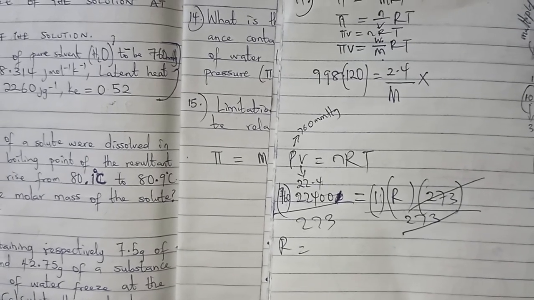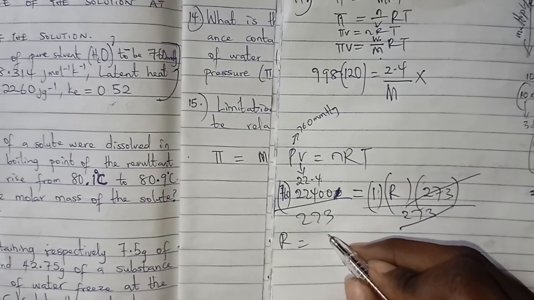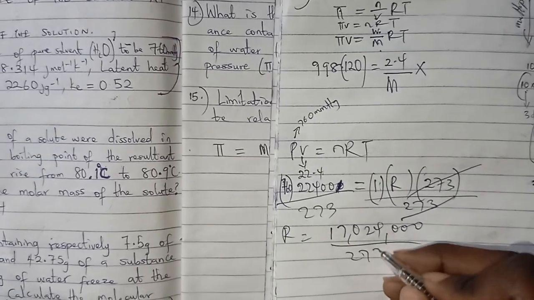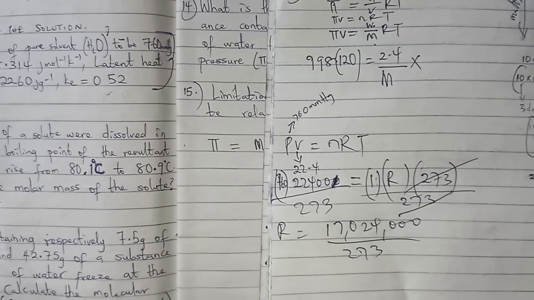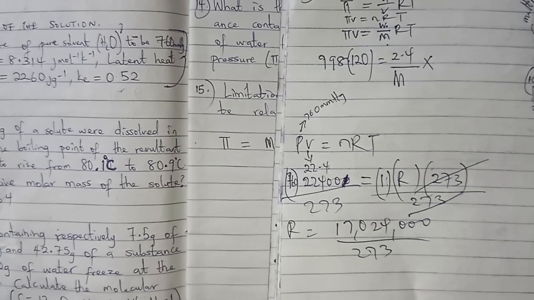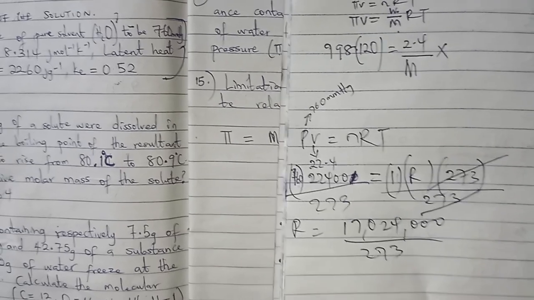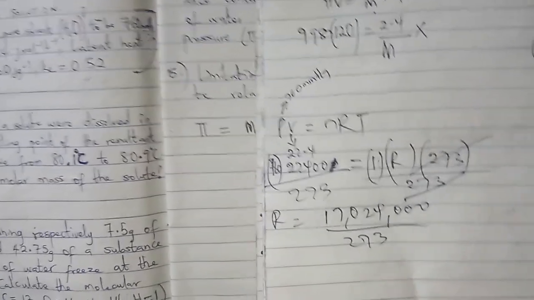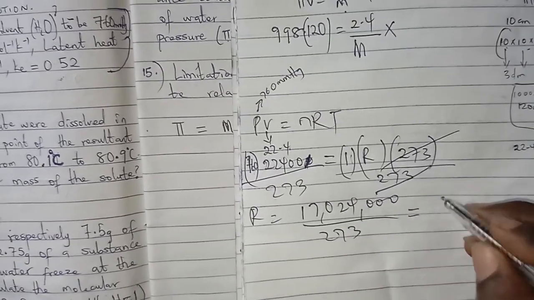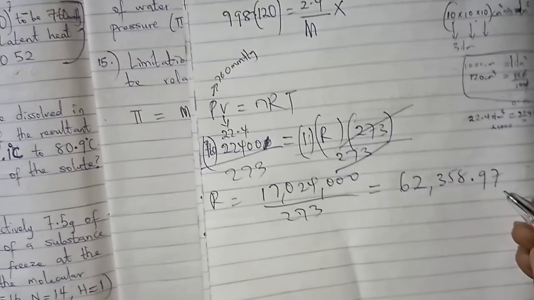Then we do 17,024,000 divided by 273. You get 62,358.97 as your gas constant.